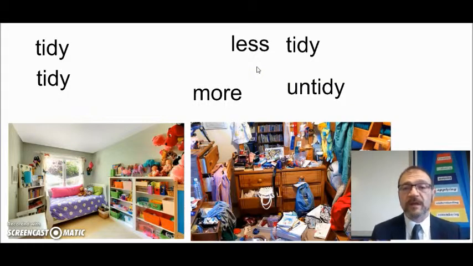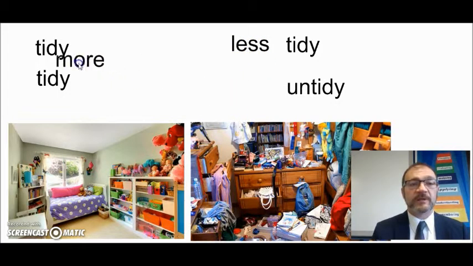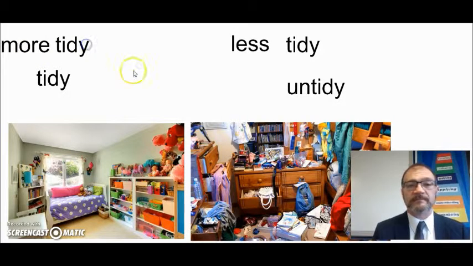That would be another way of making a comparison using adjectives. So you can stick with the use of the word tidy, but turn it into a negative by using the word less. You could say that the bedroom on the left was more tidy than the one on the right.